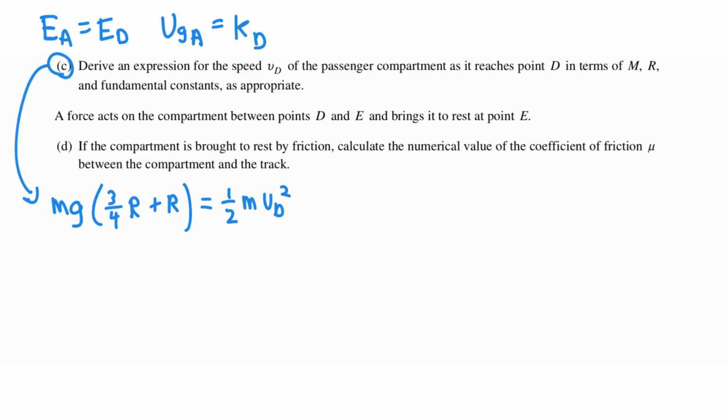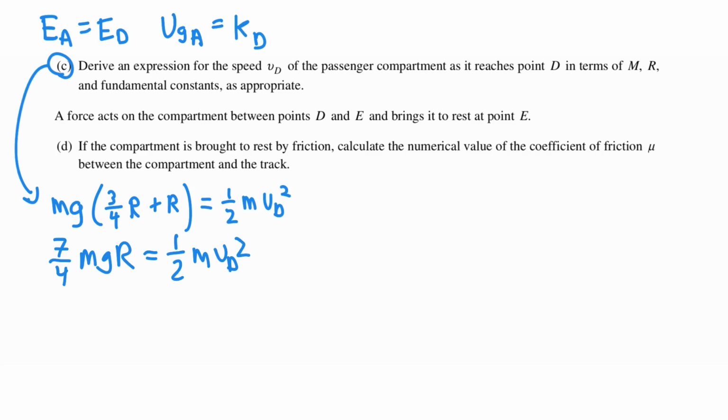The left-hand side of the equation will reduce down to, if we add the 3/4 r plus r together, 7/4 r. So the left-hand side is 7/4 times mgr, and the right-hand side is still 1/2 m Vd squared.